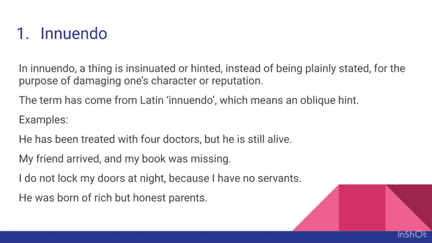Okay, so in innuendo, what is happening? A thing is insinuated or hinted instead of being plainly stated. And secondly, what is the purpose of innuendo? The purpose of the speaker behind using innuendo is to hurt or damage someone's character or reputation. Okay? Let's look at the examples.